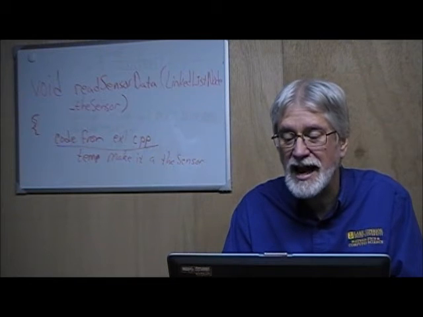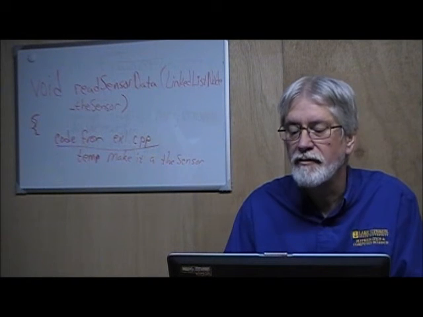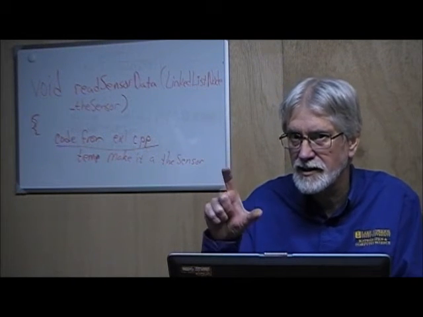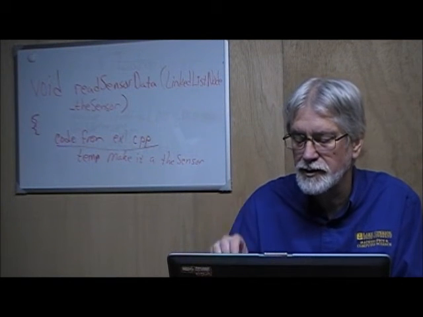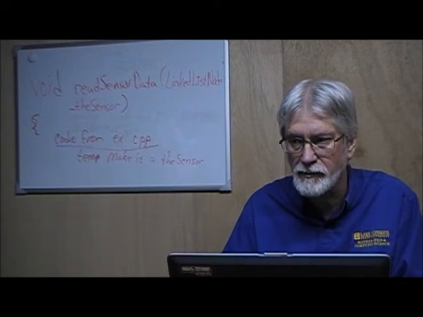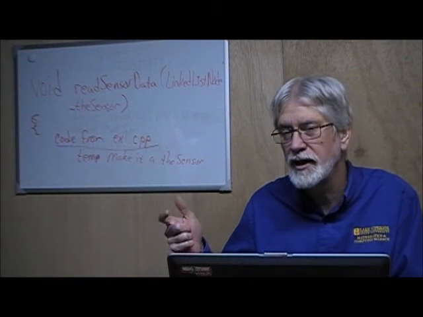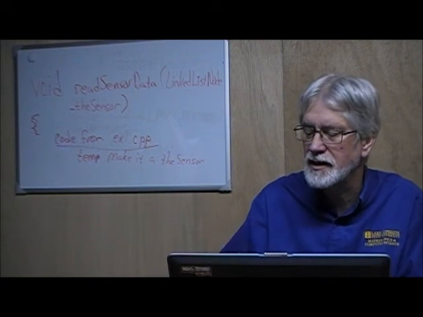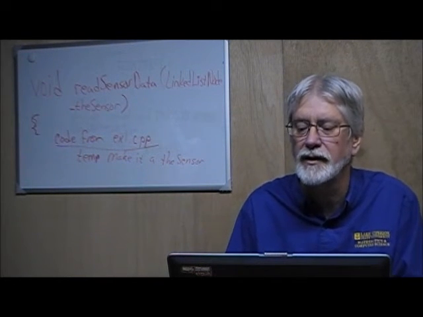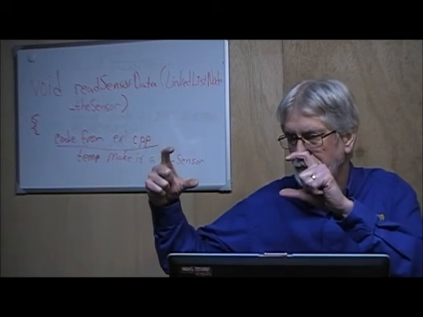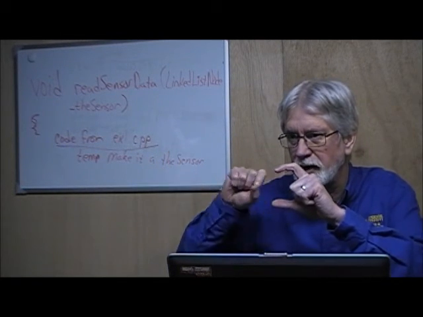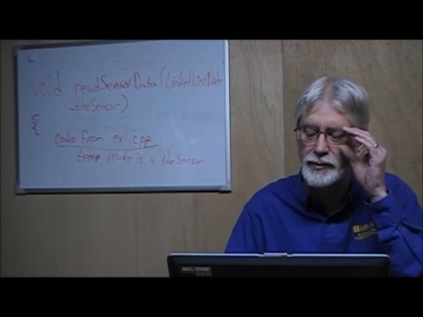Now this is back to scoping, okay? The sensor only exists inside of this function while the function is running. It doesn't exist out in main. Temp only exists in main and doesn't exist in these functions. Okay? Remember, it's like a pigeonhole that we pass notes through.